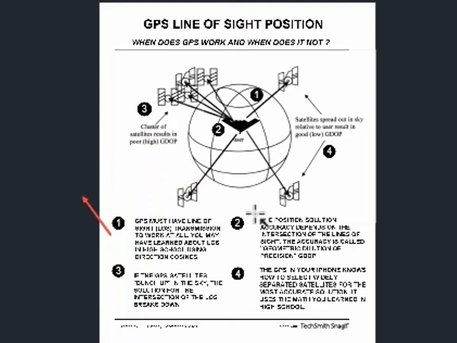The second thing to remember is that your position is at the intersection of the line of sights, or what we call the direction cosine lines. The third thing to remember is that when the satellites bunch up like this, you're going to have a horrible solution or no solution, because you'll be dividing by 0 when you try to take the inverse of the matrix.